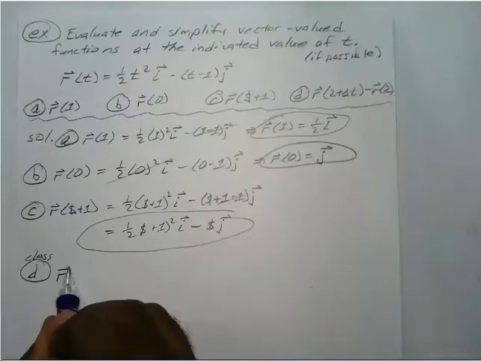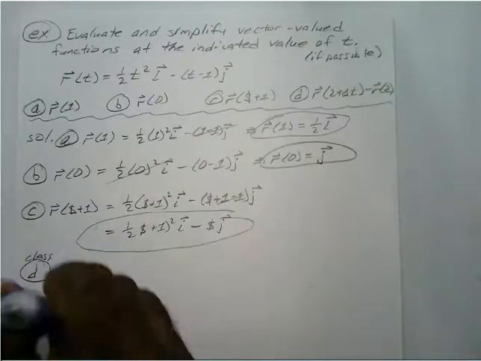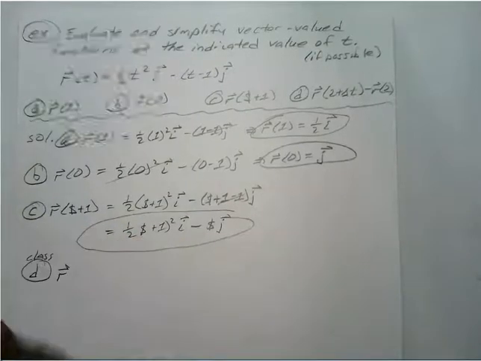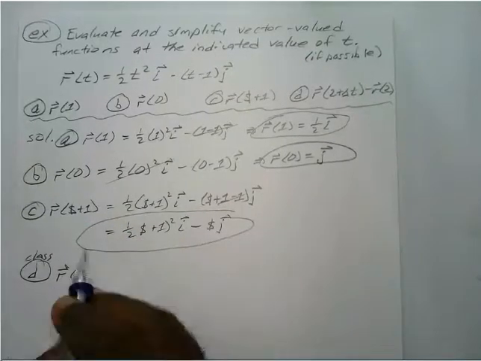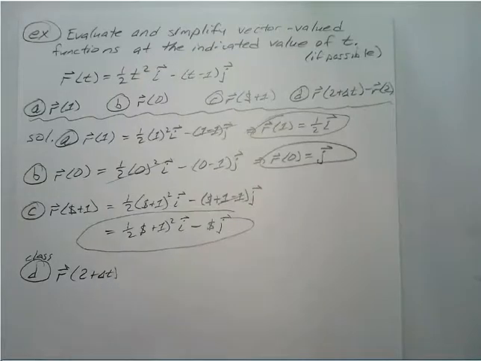Okay, so let's do r of 2 plus delta t first.